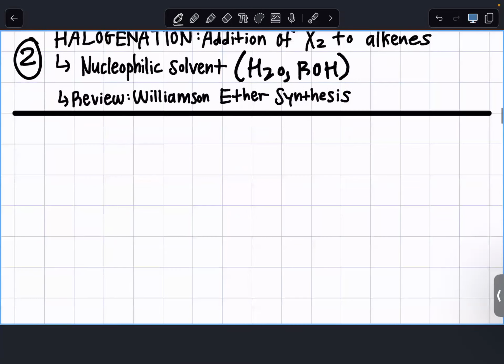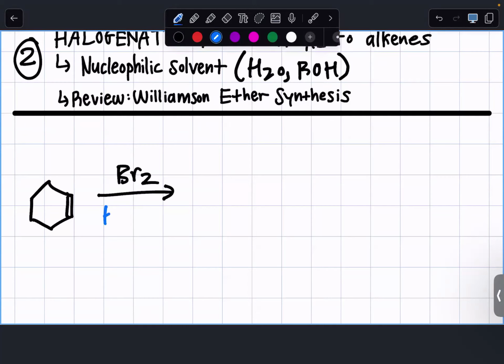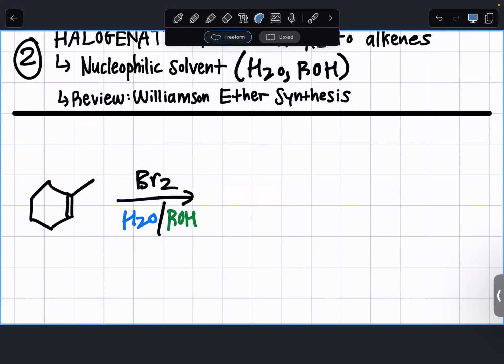So the general reaction, let's say we have the same alkene, and we have Br2. In this case, I'm going to write water in blue and then alcohol in green to show the difference. And let's make this substituted as well.